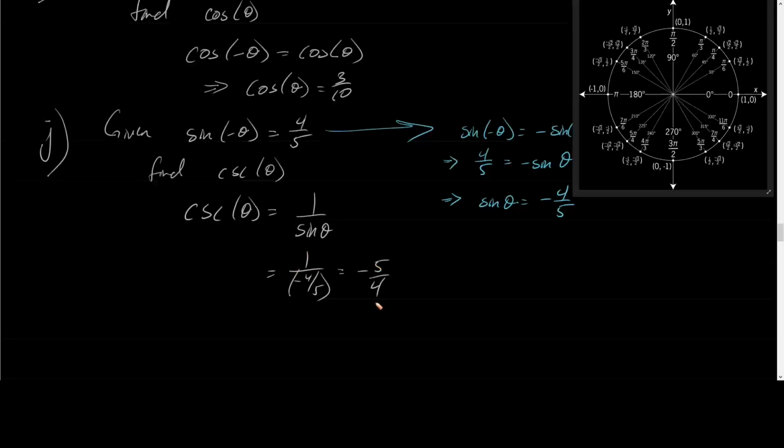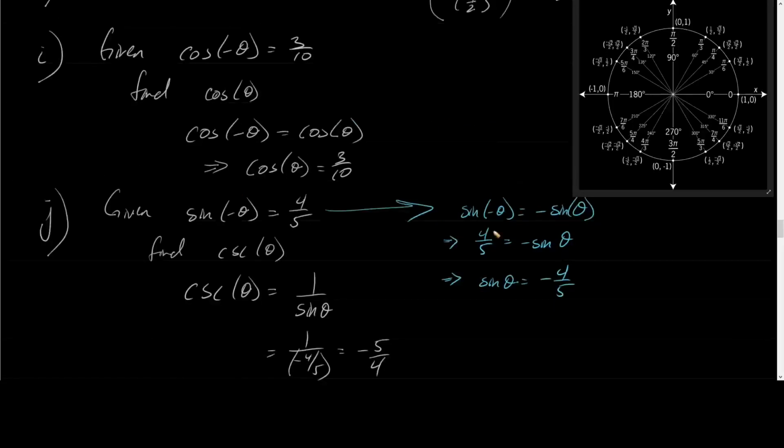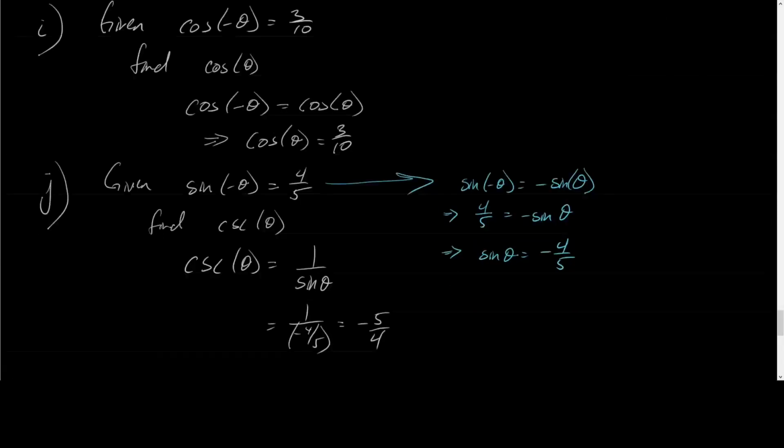In here I used two things: the fact that cosecant is a reciprocal of sine, but also that sine is an odd function, and we can do this trickery with it. In any case, that is the end of 4.2.